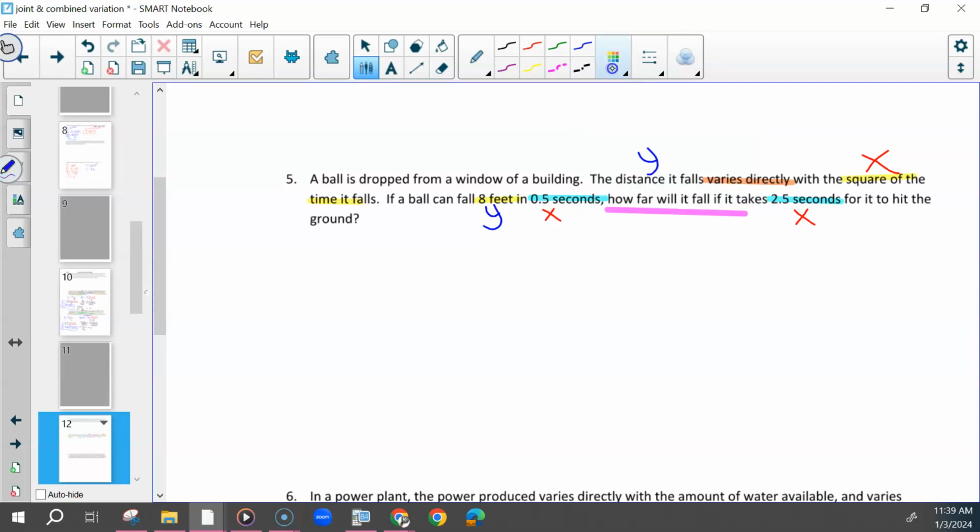We're looking for how far, so not the time, so that would be y. So if the distance varies directly with the square of the time it falls, how would we set that up? Y equals kx squared.